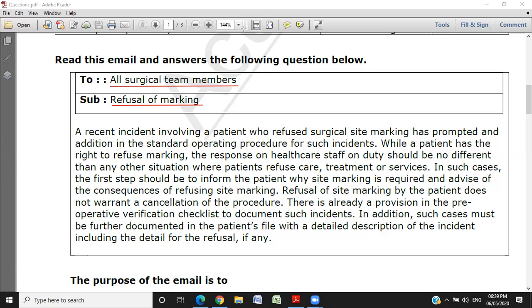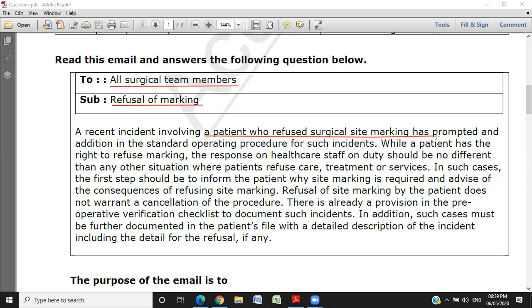Why is it written? Can you answer that question? It says a recent incident involving a patient who refused surgical site marking. So it's again not for a specific category of patient.